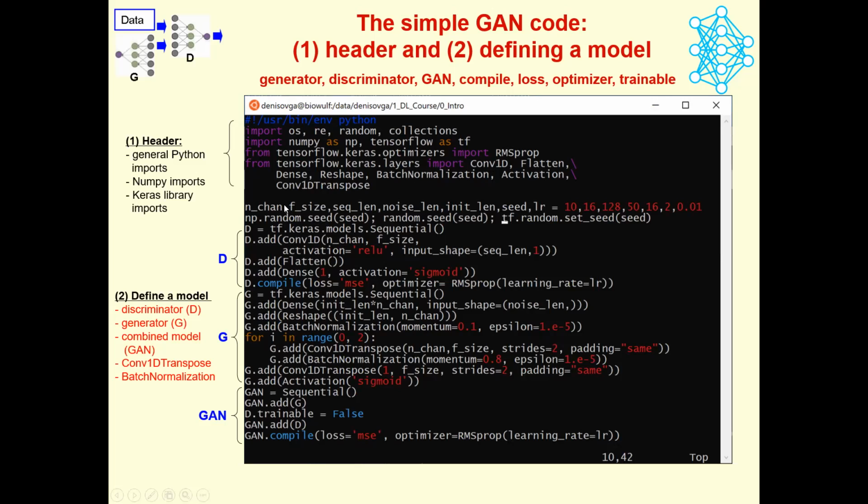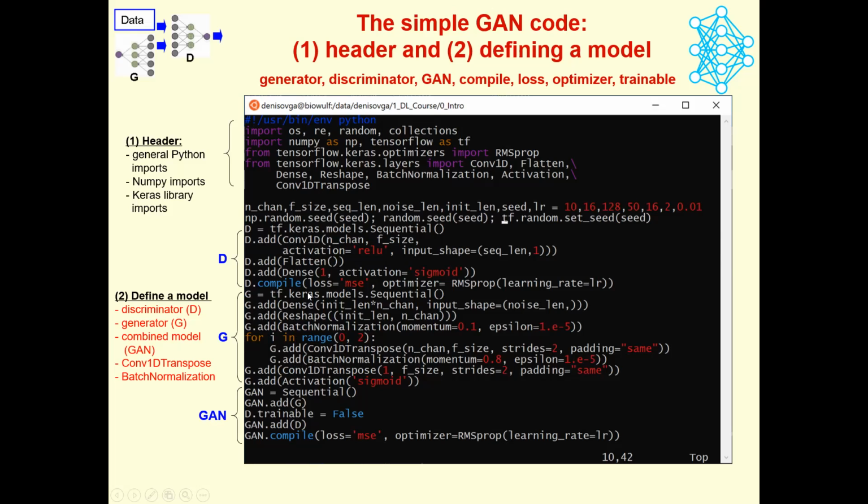Then in defining the model, we employ the so-called sequential construct approach, where each model is initially defined as an empty container, and then we sequentially add layers to that container. This approach is used to build the discriminator model, then the generator model, and then the composite model, which we call GAN.